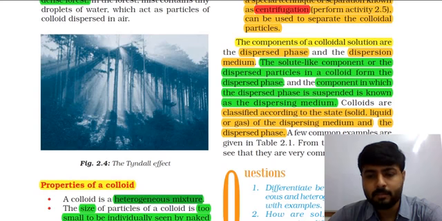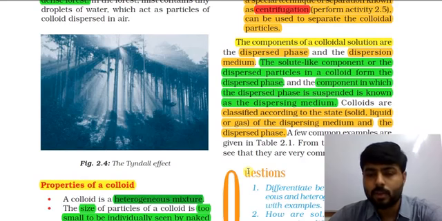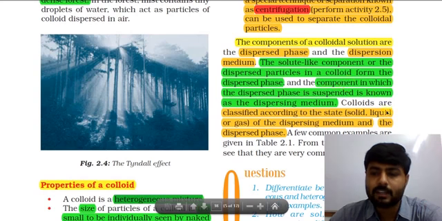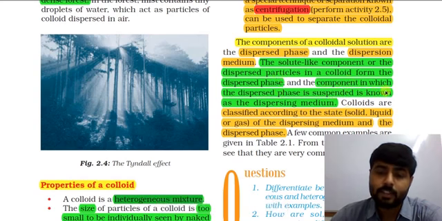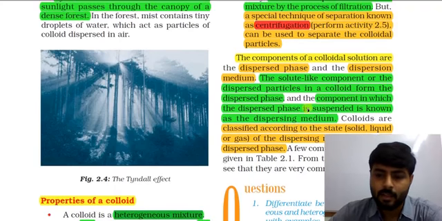So dispersion medium is always in larger quantity, while dispersed phase is in lesser quantity, which is added or mixed into the dispersion medium. So the solute-like component or the dispersed particles in the colloid form the dispersed phase, and the component in which the dispersed phase is suspended is known as dispersion medium.